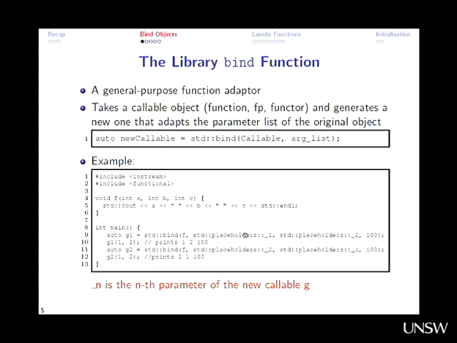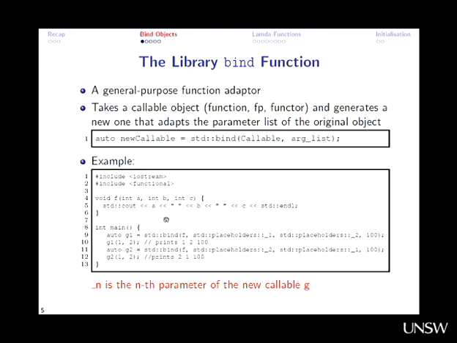The first parameter, the second parameter, and then 100. Okay, so this auto g1, this automatically generated bind function object, wraps void f. Remember, void f has got a, b, c as things being passed in. We want a new function object, g1, that's going to take in two things, position 1, position 2. The third thing it's going to have is 100. That 100 is going to get copied into int c.